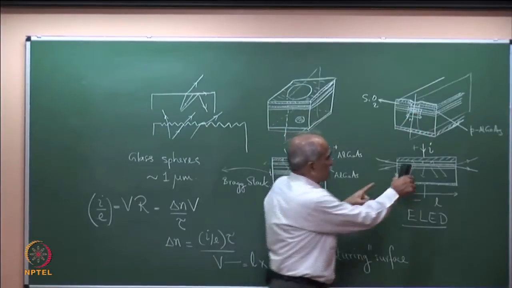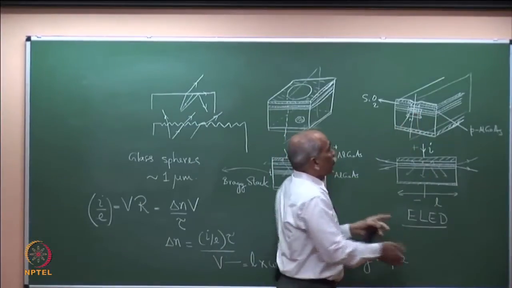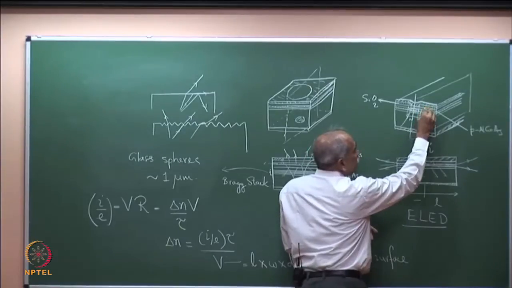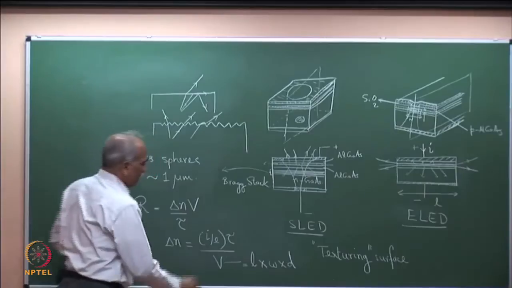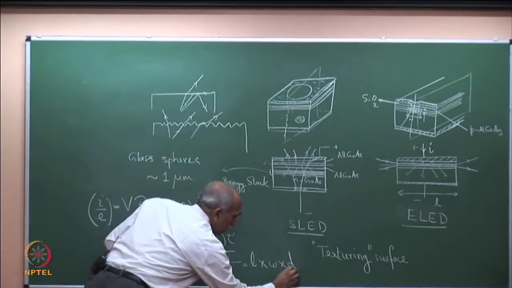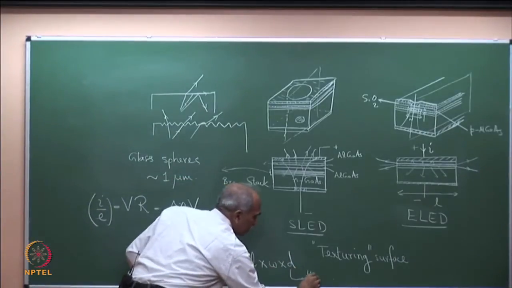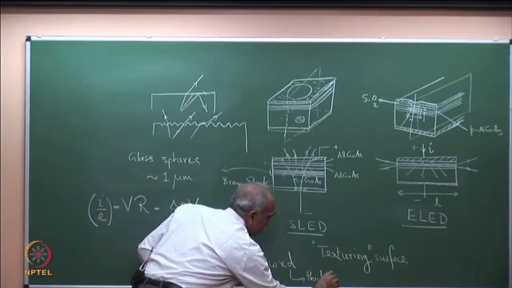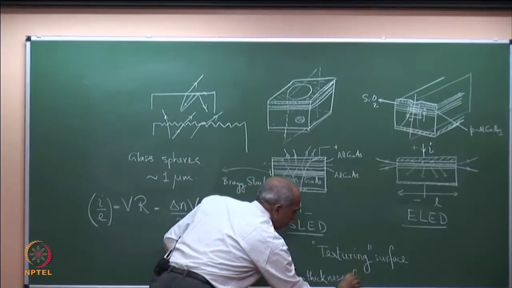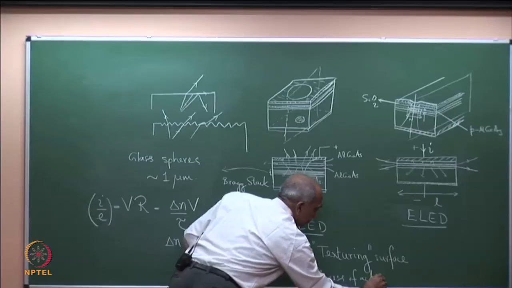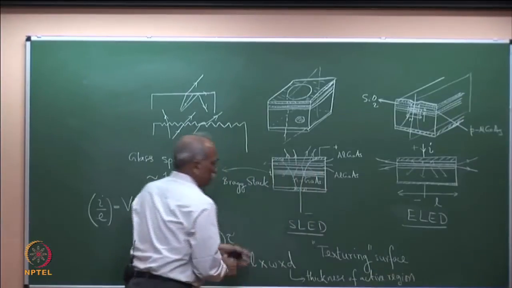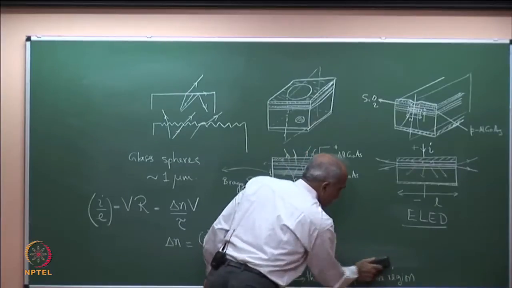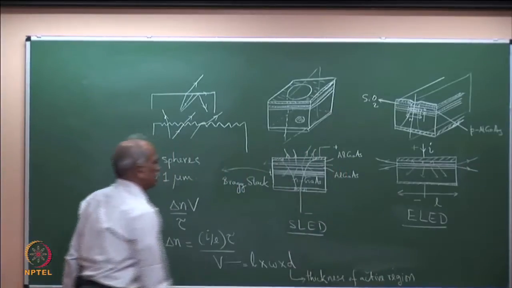So, length of the region multiplied by width, and what is D? D is the thickness of this region, the active region, that is the thickness of the active region.